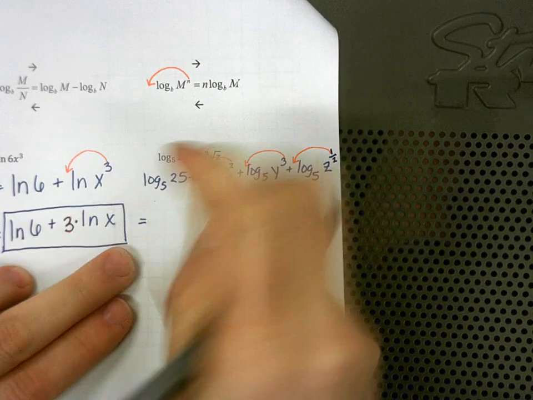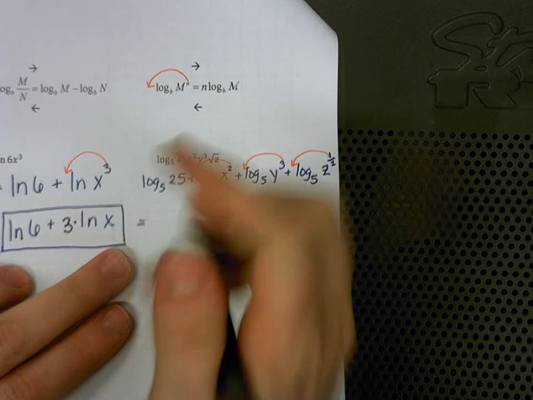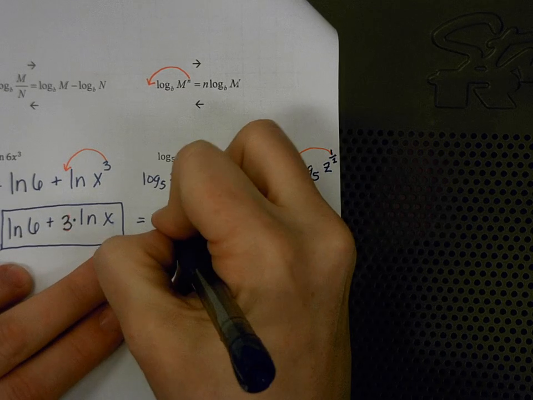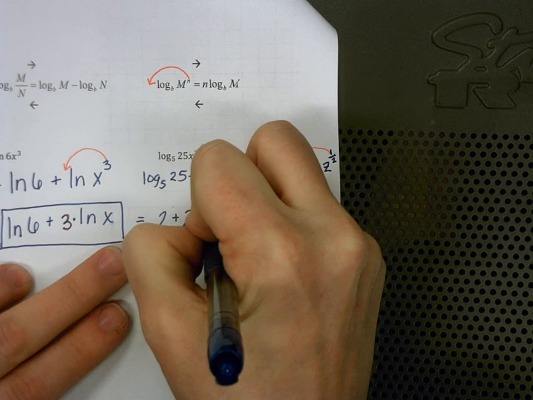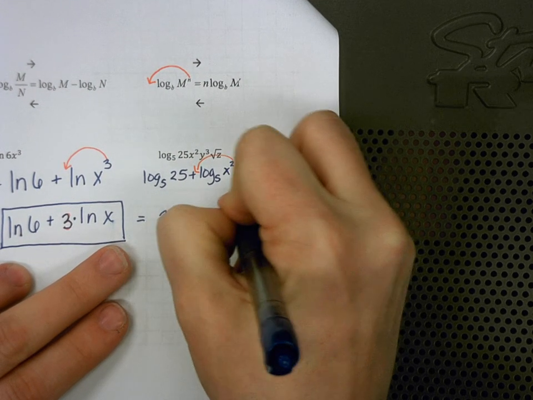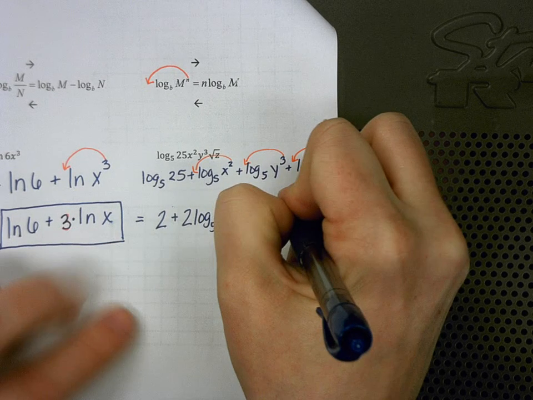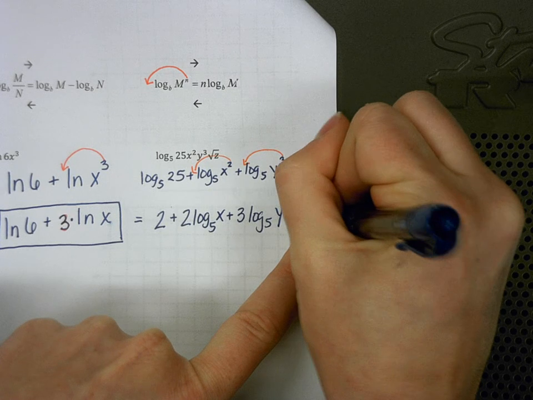So, what is log base 5 of 25? Let's see. 5 to what power gives me 25? 5 to the second power. And then we have 2 log base 5 of x plus 3 log base 5 of y plus 1/2 log base 5 of z.